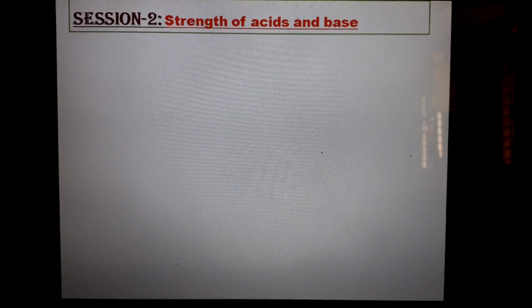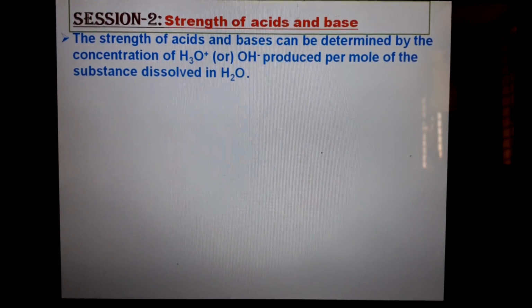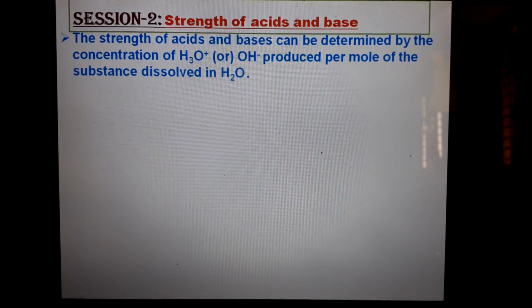Now we move to the topic. The strength of acids and bases can be determined by the concentration of H3O plus or OH minus produced per mole of the substance dissolved in water. Any chemical dissolved in water dissociates to H3O plus or OH minus per mole.